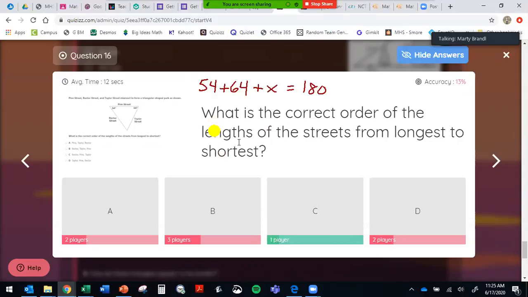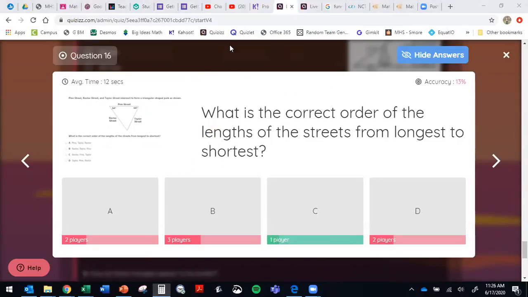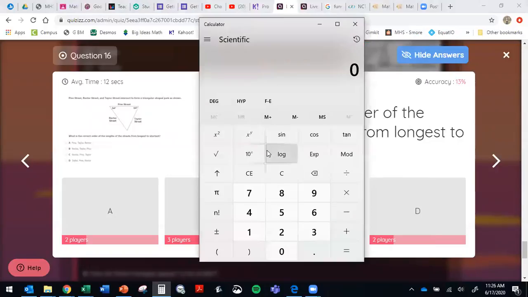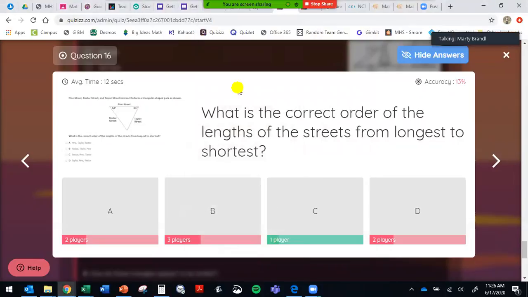I'll grab the calculator here. 54 plus 64 is 118. Then I'm going to do a little trick here. I need 180 minus 118. If I make that negative and then add 180, I don't have to retype it. So that's 62. Going back to our drawing, the bottom angle right here is 62 degrees.